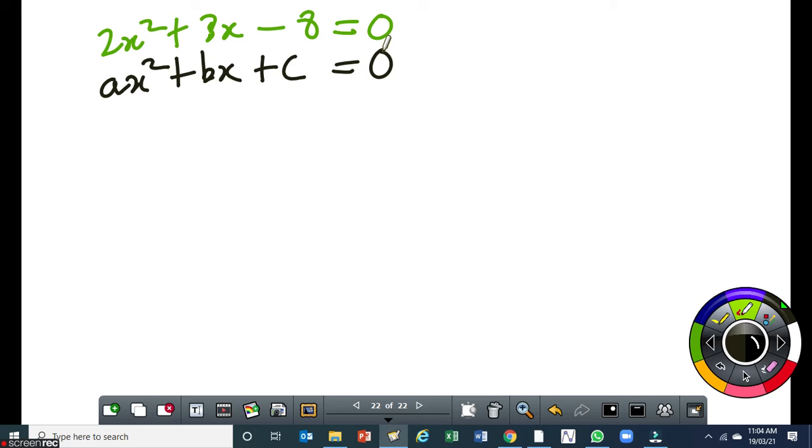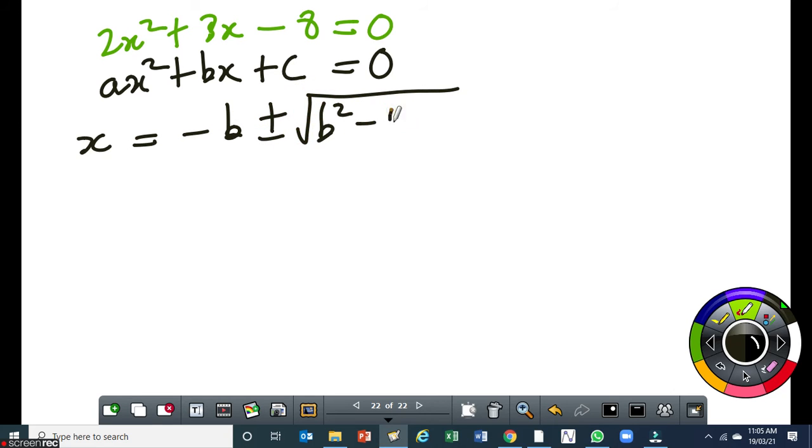Okay? Then write down the quadratic formula. x equal to minus b plus or minus the square root of b squared minus 4ac all over 2a. Okay? That's the quadratic formula.